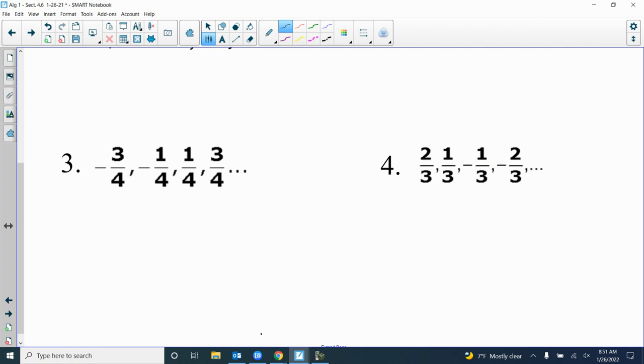So really, if the denominators are all the same, Mr. Parker had a good idea. You're just looking at negative 3 to negative 1 to 1 to 3. The numerators are going up by 2. So this is arithmetic. What is our d value? 2/4, she said.